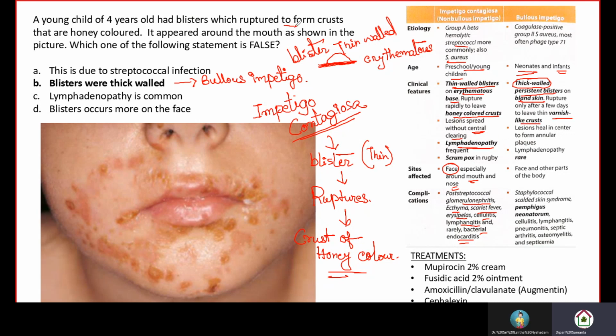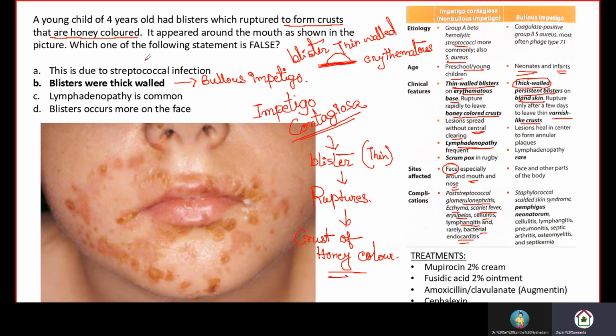In the question they told rupture to form honey colored crust. So when honey colored crust is appearing after rupture, that means non-bullous impetigo, impetigo contagiosa.